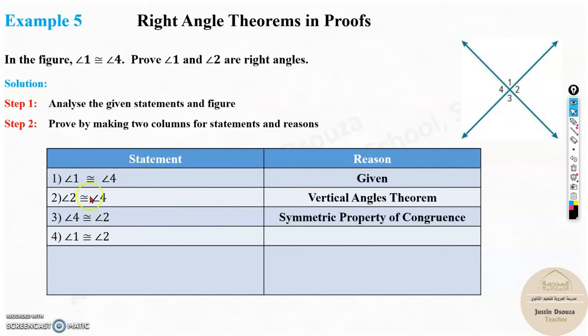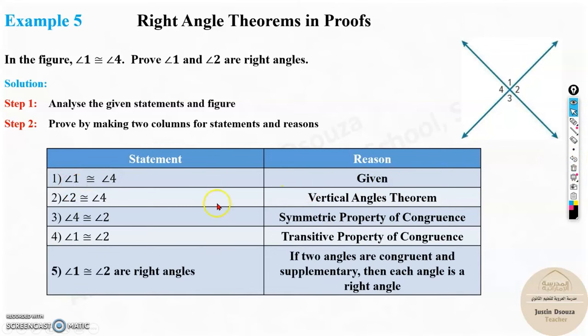And then we have the transitive property, which tells us if 1 is equal to 4 and 4 is equal to 2, we can write over here 1 is equal to 2, because you can see in these two lines, these and this are equal, isn't it? So we can just equate these both as well.